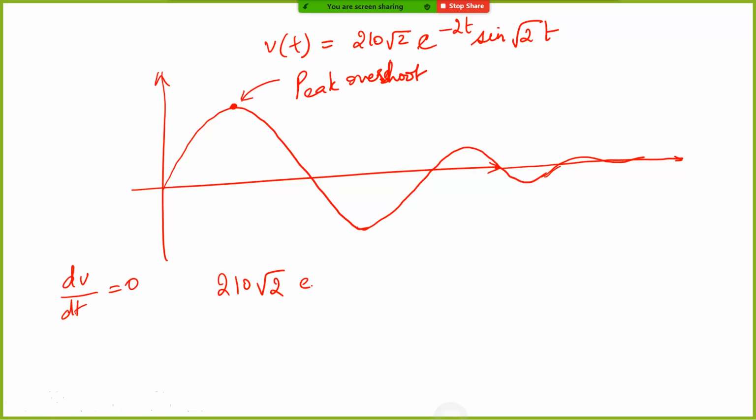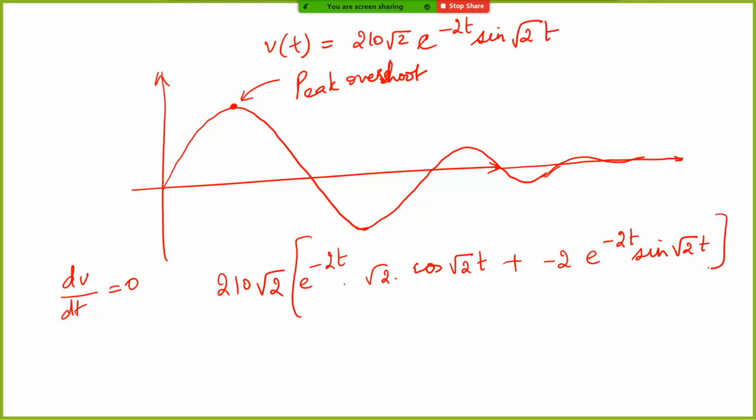So we retain 210 root 2 e to the power of minus 2t into root 2 into cos root 2t, plus minus 2 into e to the power of minus 2t sine root 2t. This is set to 0. So what is the value that you get here?